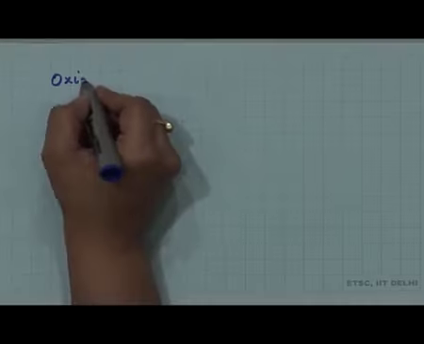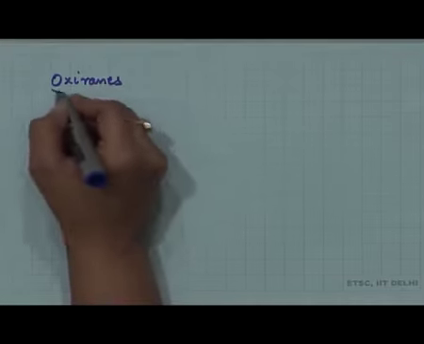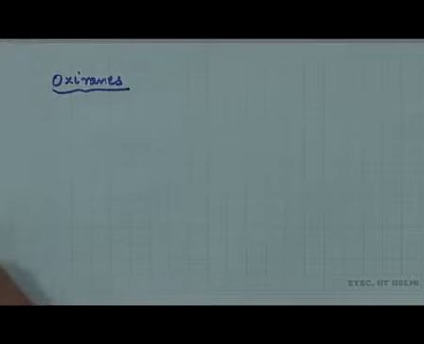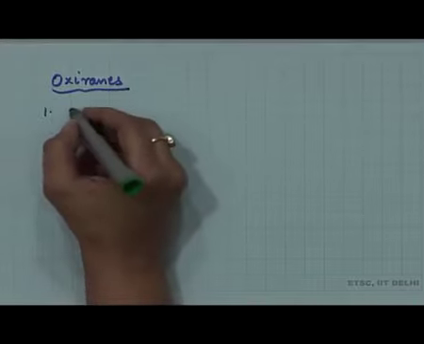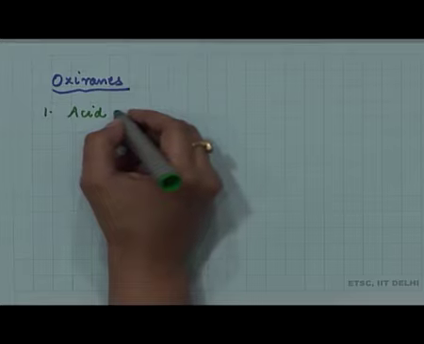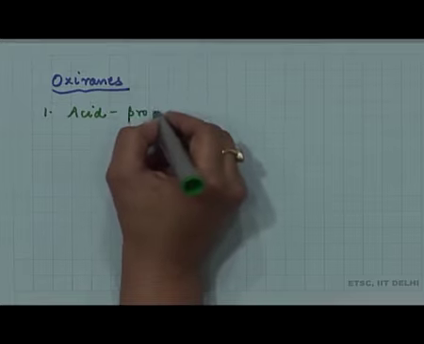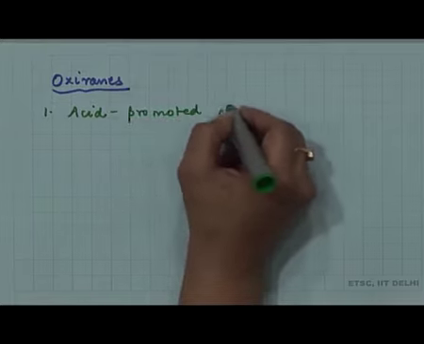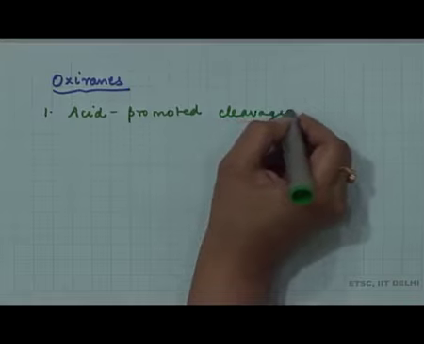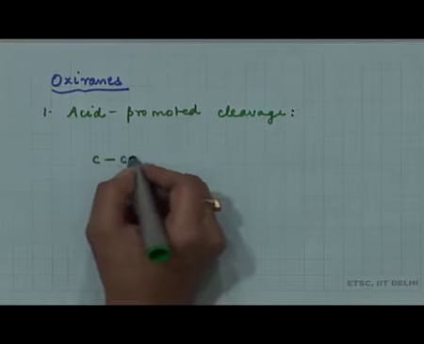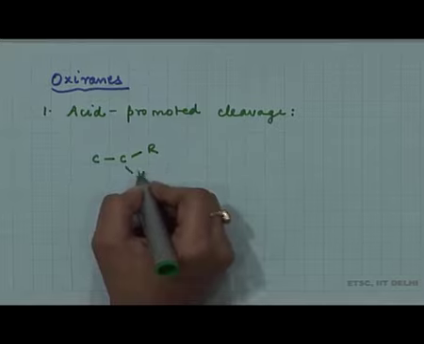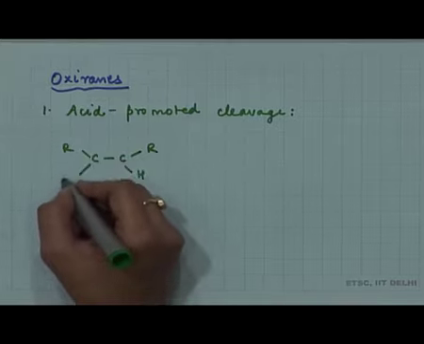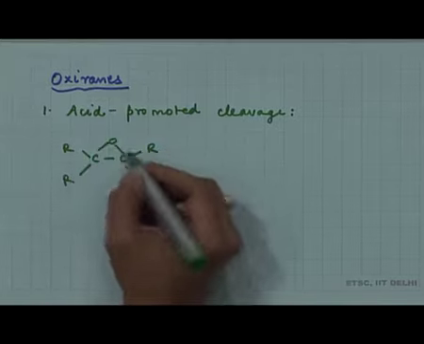Right. So, now we again try to see what happens in case of oxiranes. So, oxiranes also undergo acid catalyzed cleavage. In a similar manner, which is the acid promoted cleavage for oxiranes, we have this oxirane.